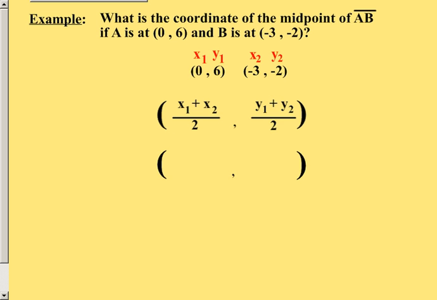Anyway, plugging into the formula. Okay, so once again, here we go. x1 is 0, x2 is negative 3, so I plug them in. y1 is 6, y2 is negative 2, and I do believe I have an error right there in my formula. Sure do. Let me change that.